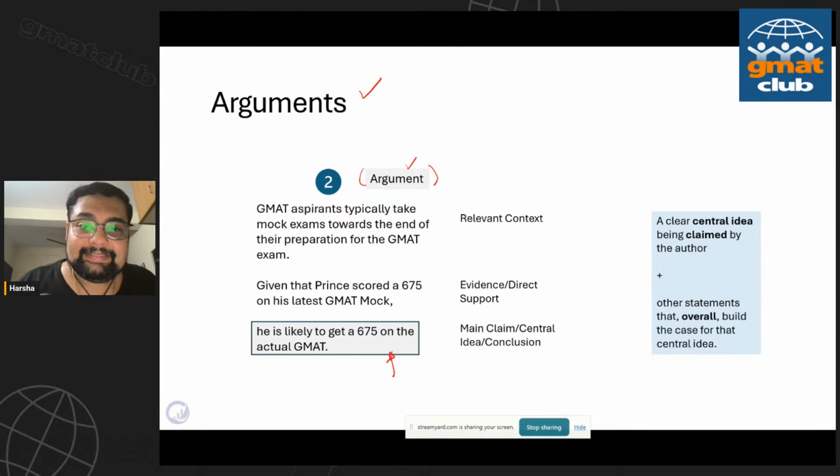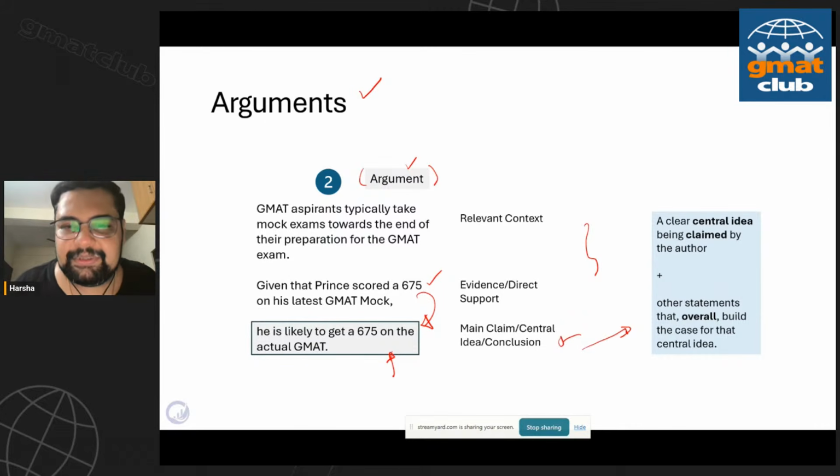Great. Then came the critical piece. Given that Prince scored a 675 on his latest GMAT mock, the author is jumping to the conclusion that Prince is likely to get a 675 on the actual GMAT. So you can see how these ideas connect to communicate this central idea: he's likely to get a 675 on the actual GMAT.